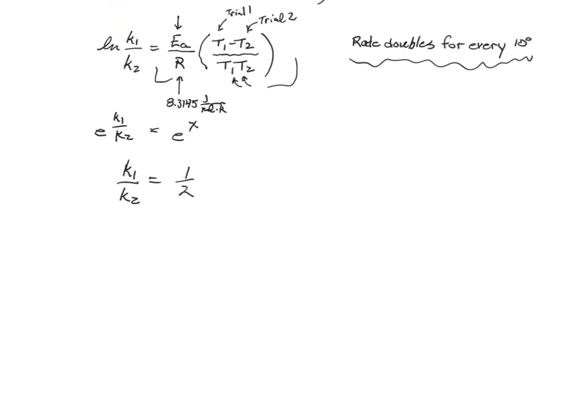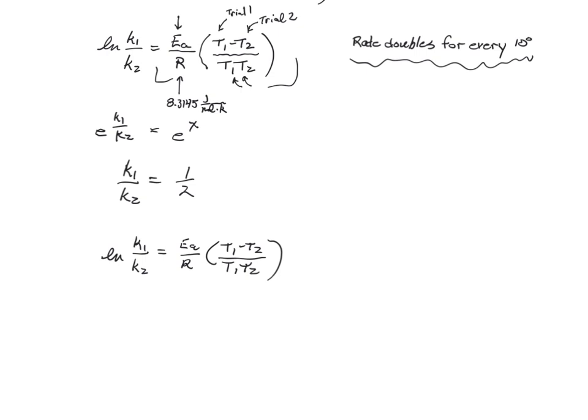In question number 5, it's the exact same kind of idea. Okay, if we look at that equation that we started off with, where we have the natural log of K1 over K2 equal to the activation energy over R times T1 minus T2 over T1 times T2.